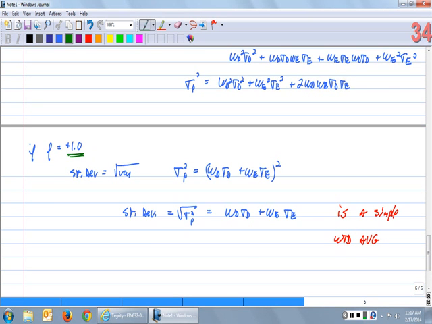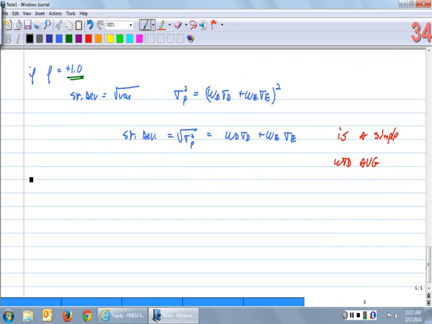Okay, so let's take a look here. Let's use the same information we have. Again, if we assume the correlation is equal to positive 1, let's calculate the risk and the return of this portfolio.